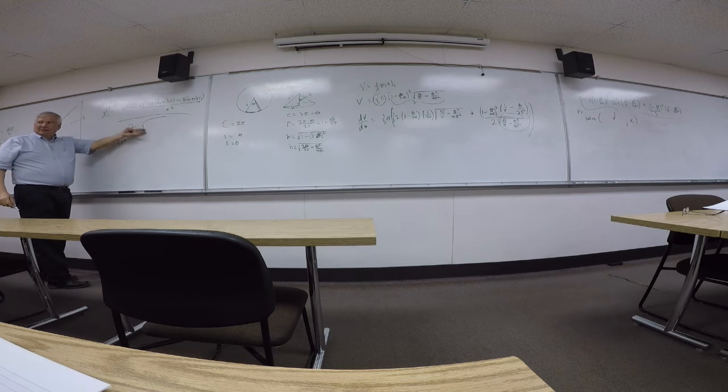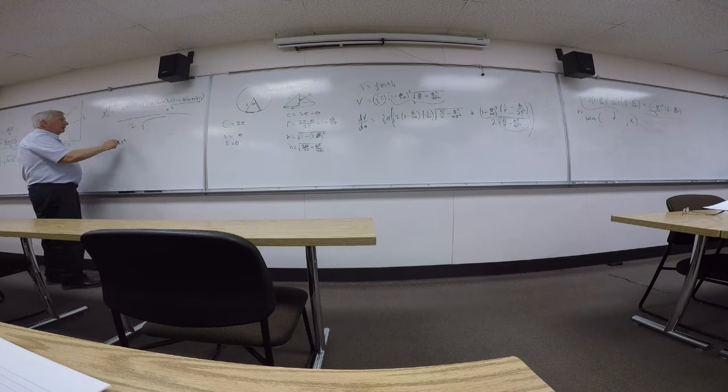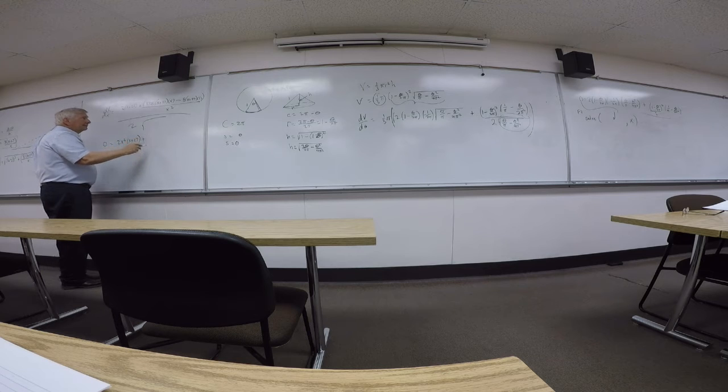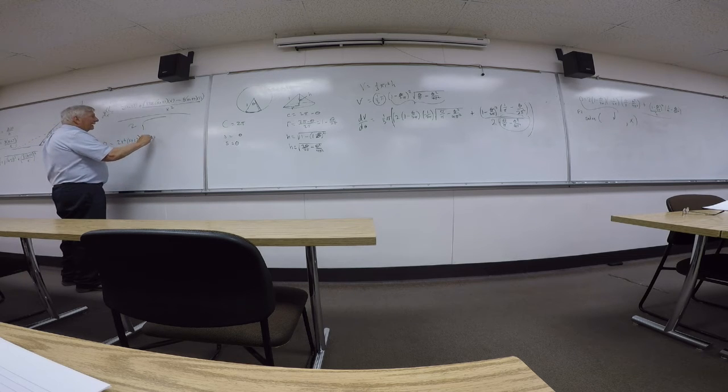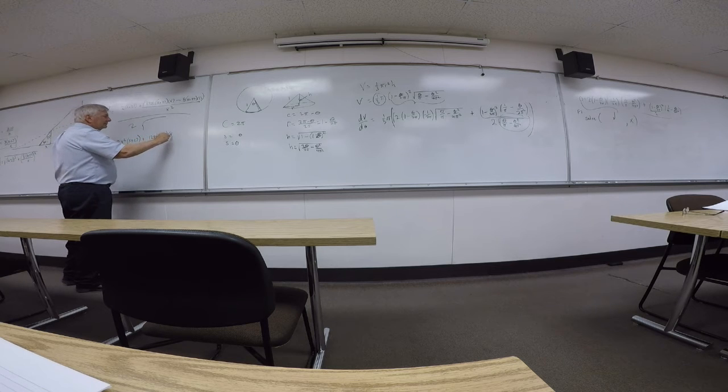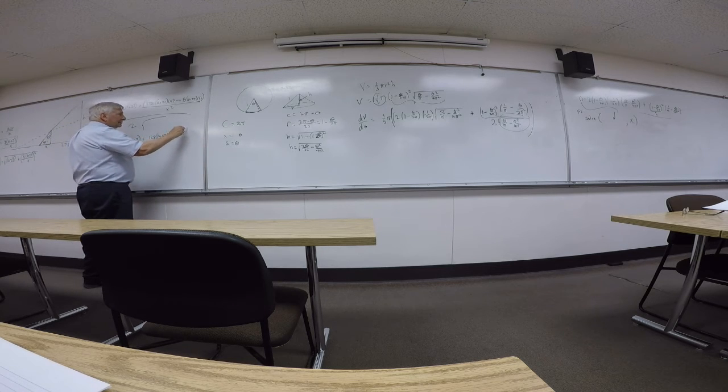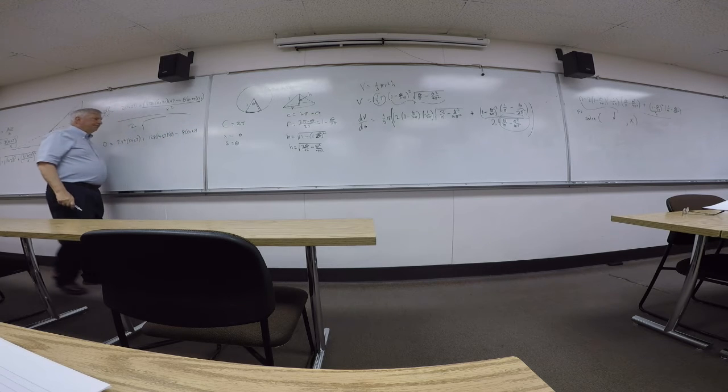I'll multiply by 2 times that, so it's gone away. 2x squared times (x + 27) plus 128 times (x + 27) times x minus 8 times (x + 27).